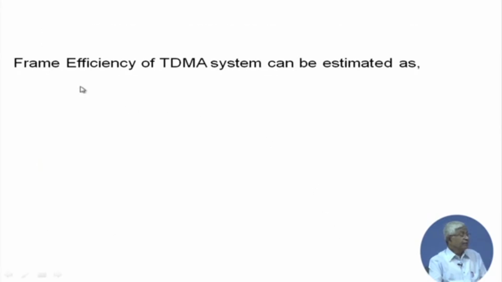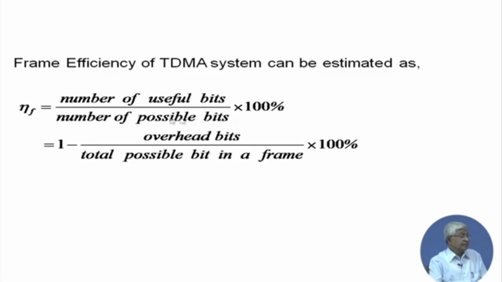Now, frame efficiency of the TDMA system can be estimated as eta f, that is frame efficiency, which is the number of useful bits which user is exchanging divided by number of possible bits. That means the overhead is our loss in terms of percentage.